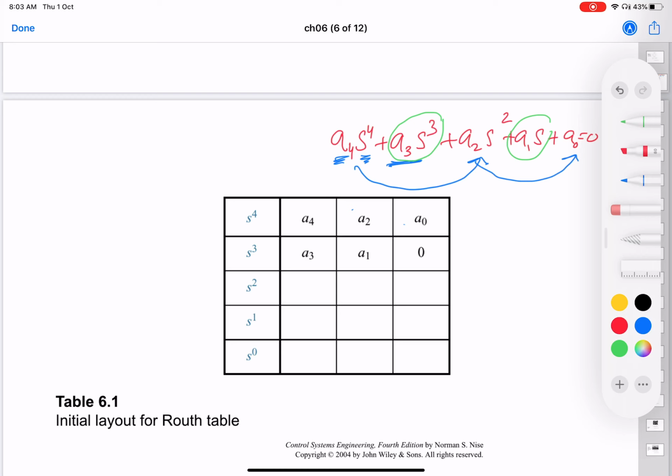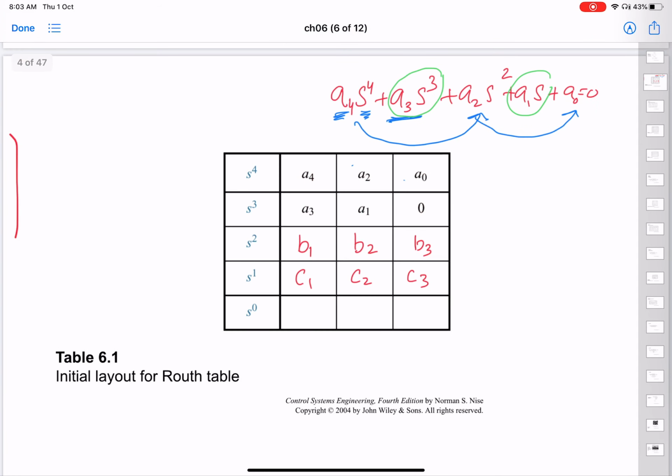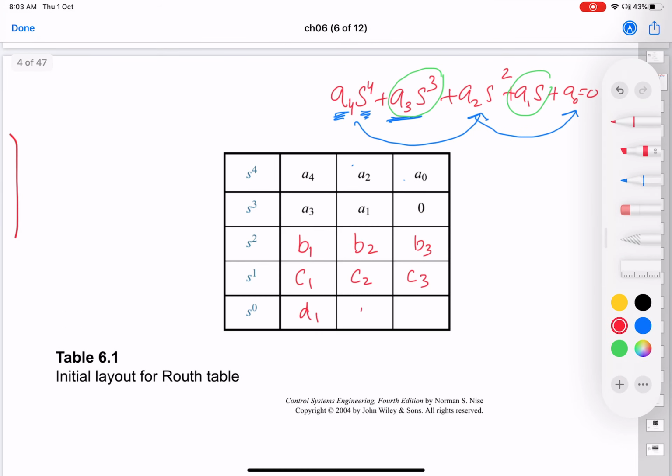These are the B terms that we have, B1, B2, B3, and this will be C1, C2, and C3. We have to find B1, B2, B3, C1, C2, C3, and the last row also, D1, D2, D3.